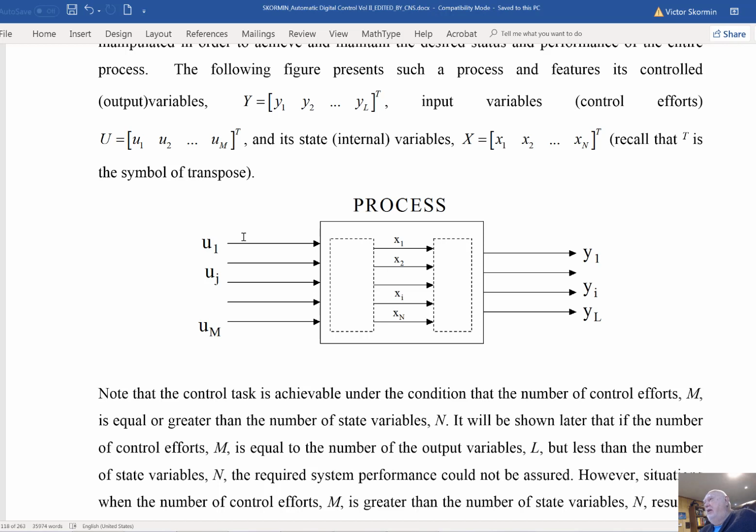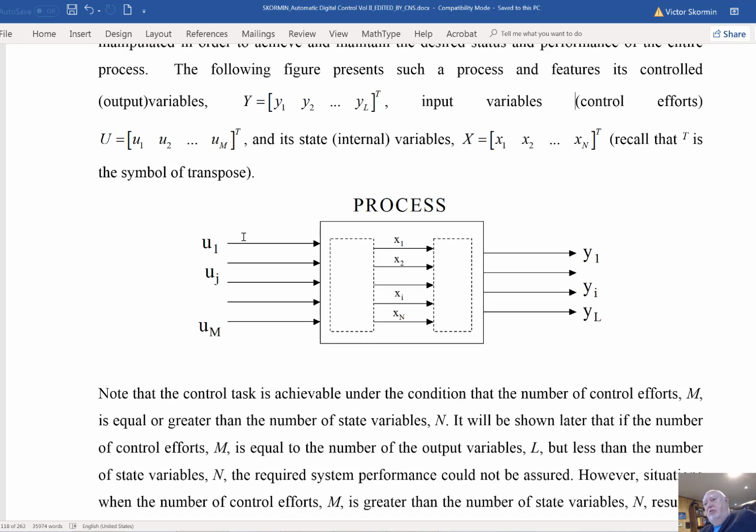For example, minimize the amount of fuel we're spending, or minimize time for moving our process from point A to point B. You know, these topics are raised in optimal control, and optimal control is not part of our 462 course.